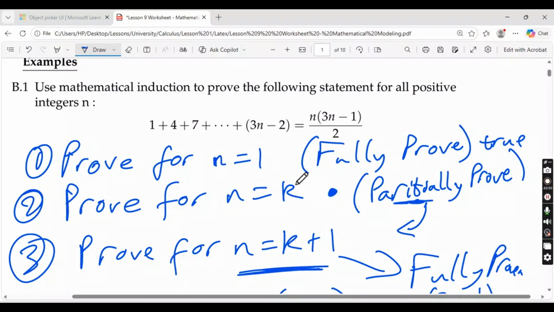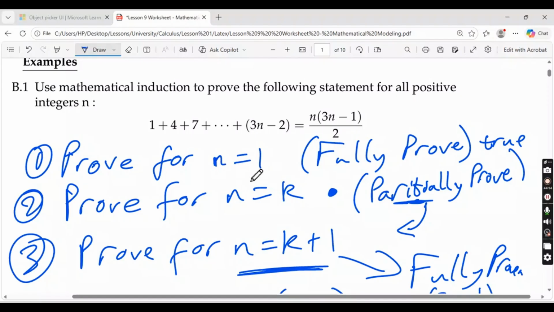For example, n is equals to 3. If we insert it, then our statement will not be true. When we enter here 3n minus 2, it will give us 6 or a certain number. Then if we enter the same number here, 3, it will give us 10. So by writing n is equals to 1, we've proven that it's correct.